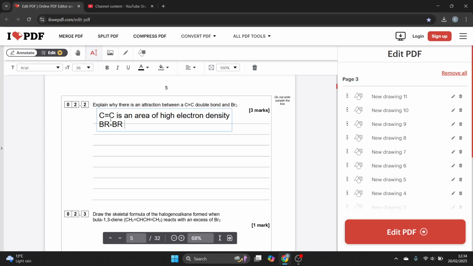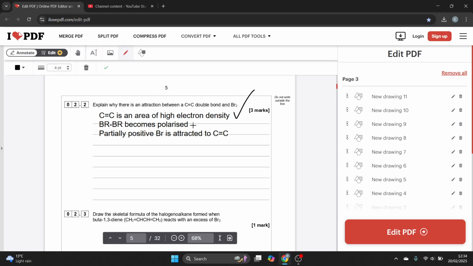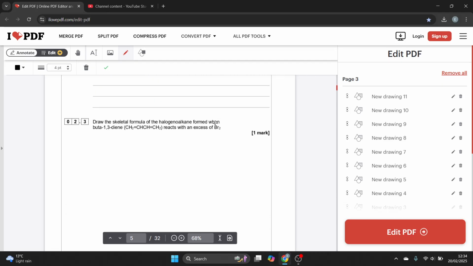The Br2 becomes polarized, and the partially positive Br is attracted to the carbon-carbon double bond.